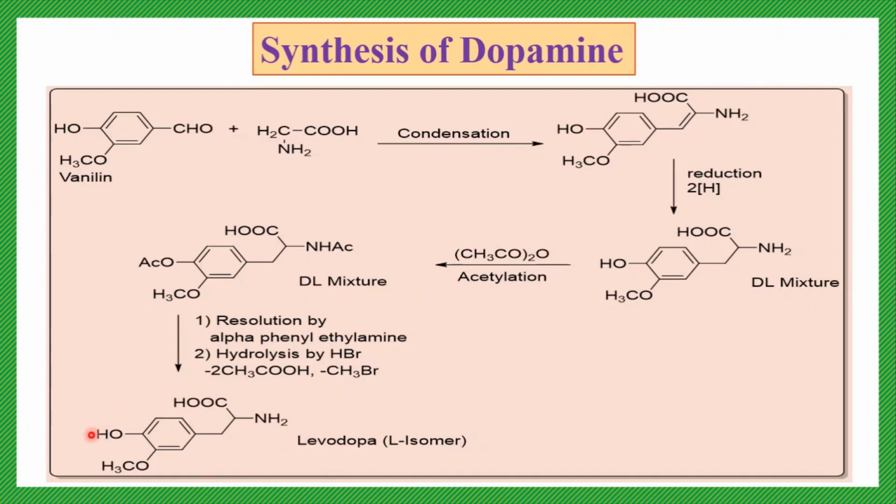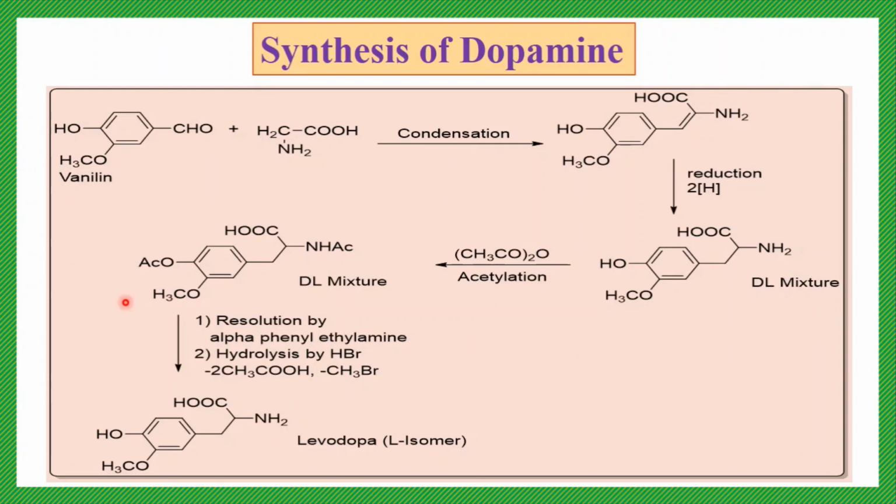Only levodopa has the ability to treat Parkinson disease, not D-dopa. So this is the application of your resolution. When you synthesize, you get this racemic mixture, but only the L isomer has this activity to treat Parkinson disease.